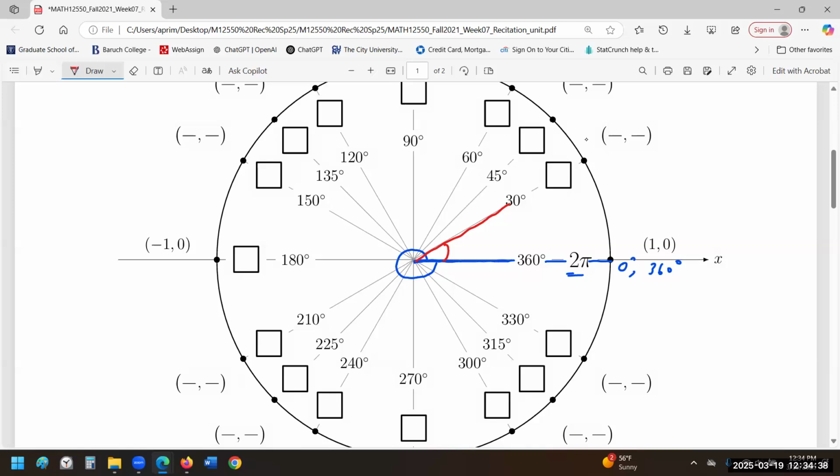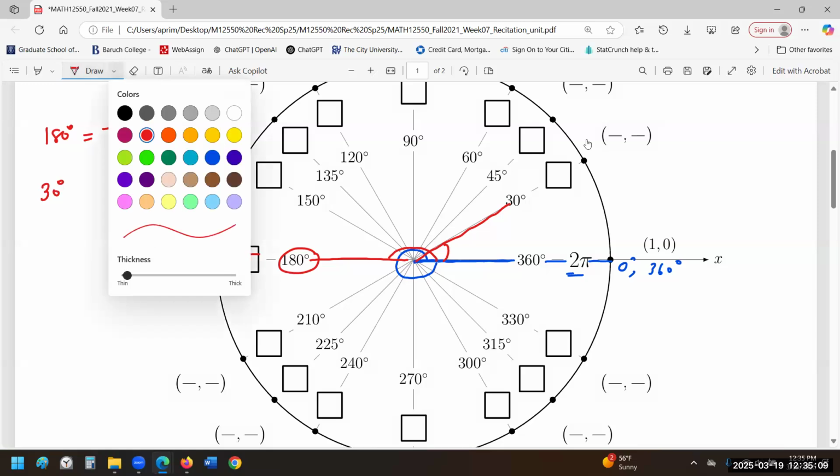Okay, so conversion. We say 180 degree is pi radians. Anytime you see 180 degree, like for example here, from here to here we have 180 degree, which is same as pi radians. Based on that, we can convert radians to degree, degree to radian. For example, we want to convert 30 degree into radians.